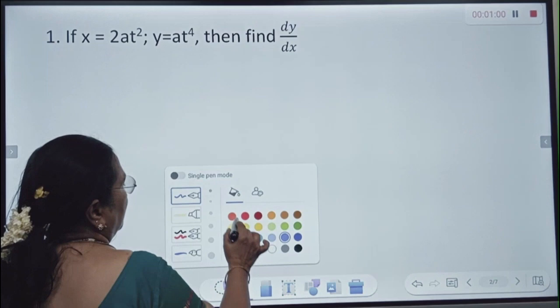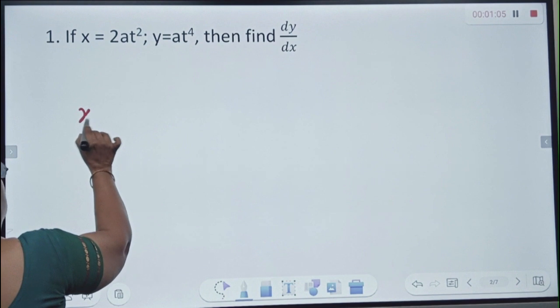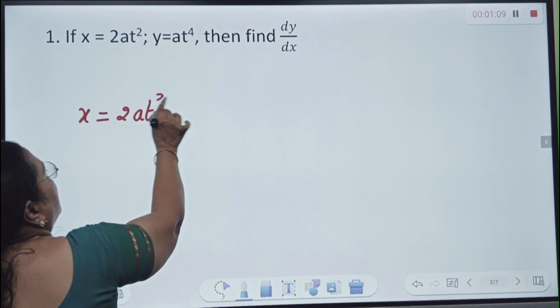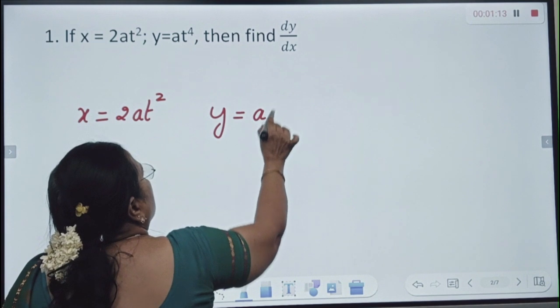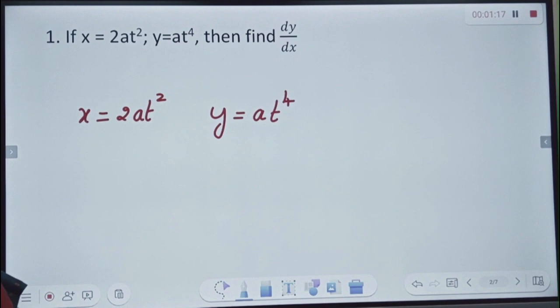So, here you are given x equal to 2at square. So, x is a function of t. y is given as a t power 4. y is also a function of t. In that case, how to find dy by dx?